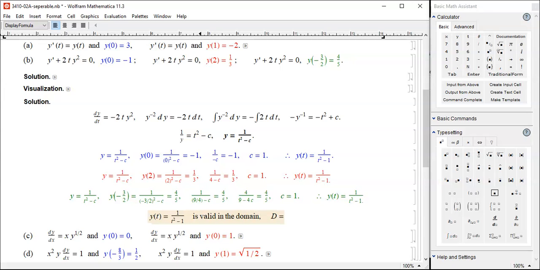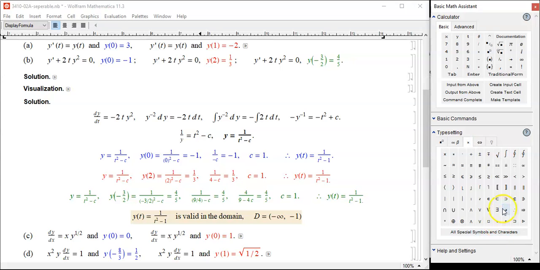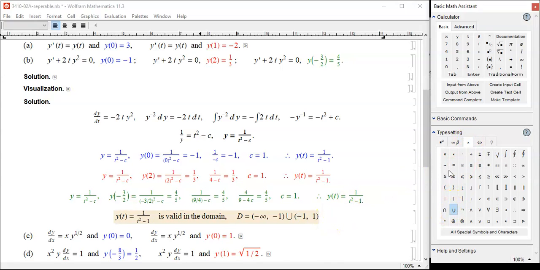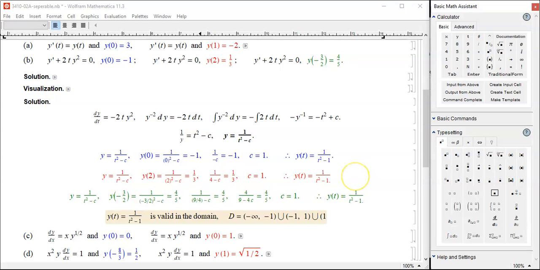Let's go back to college algebra days and try to find the domain of this function. Set the denominator equal to 0, and we have to avoid those points, right? So negative infinity to minus 1, because that's where the denominator hits 0, and then union negative 1 to positive 1, union, and then 1 to infinity.